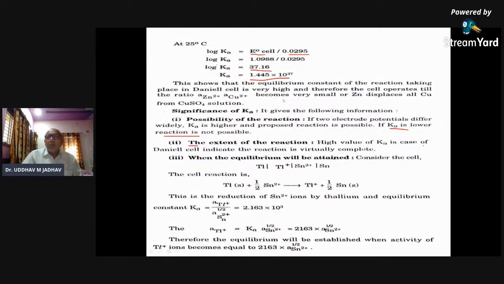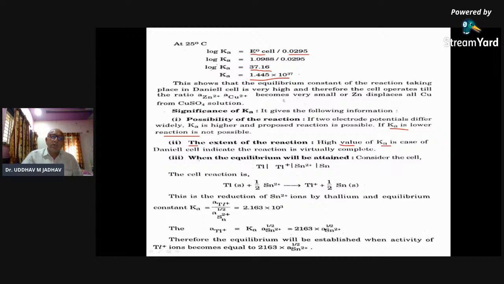High value of K in case of Daniell cell indicates that the reaction is virtually complete. जर इक्विलिब्रियम कॉन्स्टंटची व्हॅल्यू जास्त असेल, बघा इथे इक्विलिब्रियम कॉन्स्टंटची व्हॅल्यू 1.445 × 10⁻37 अशा पद्धतीची आली, तर ती रिॲक्शन कंप्लीट झालीये का नाही हे ठरवता येतं. जर तुम्ही त्या डॅनियल सेलचा इक्विलिब्रियम कॉन्स्टंट किंवा त्याची व्हॅल्यू पाहिली तर ती अतिशय जास्त आहे, आणि त्याच्यावरनं ती रिॲक्शन पूर्णतः होते असं आपल्याला गृहीत धरता येतं.